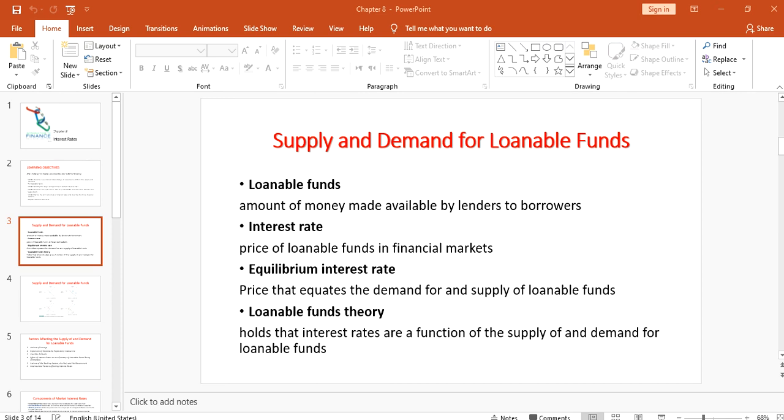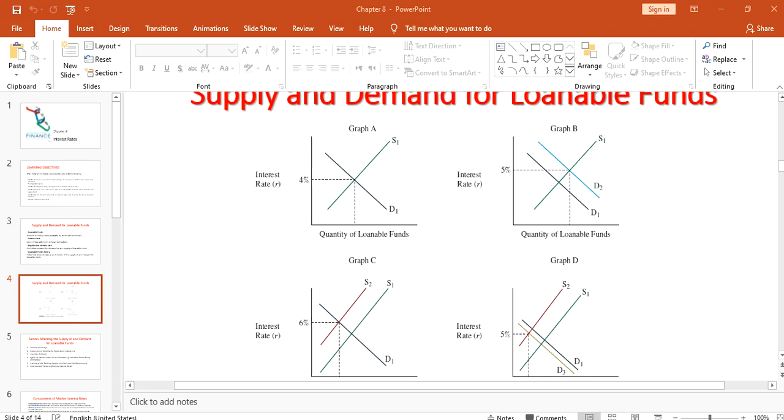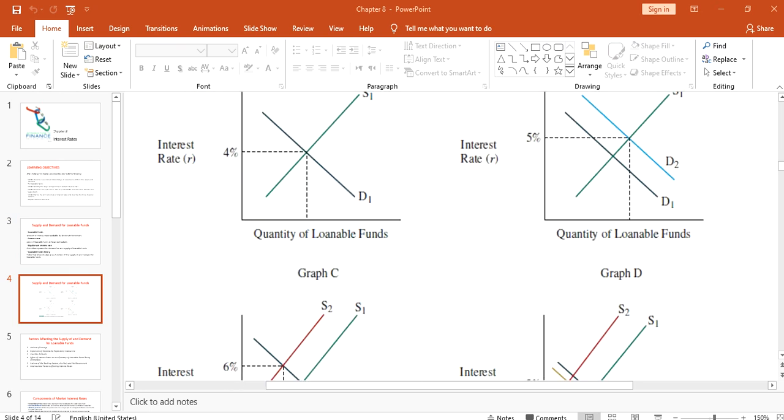So supply and demand for loanable funds determines the price of loanable funds. Okay? So how do these supply and demand affect the interest rate?